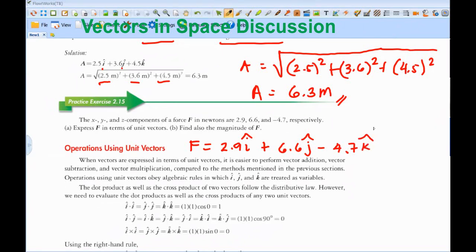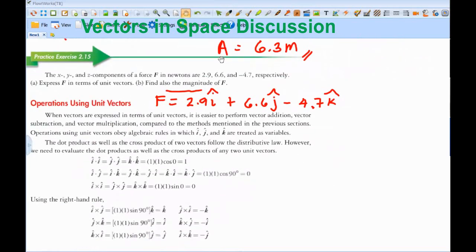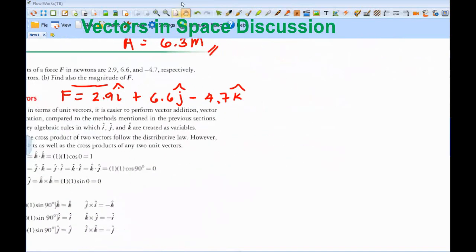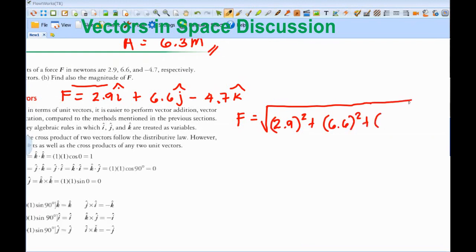And that's it. And we have the value of the what? Magnitude. So let's try to get the magnitude of F. So F is equal to, use your calculators, 2.9 squared plus 6.6 squared plus negative 4.7 squared.